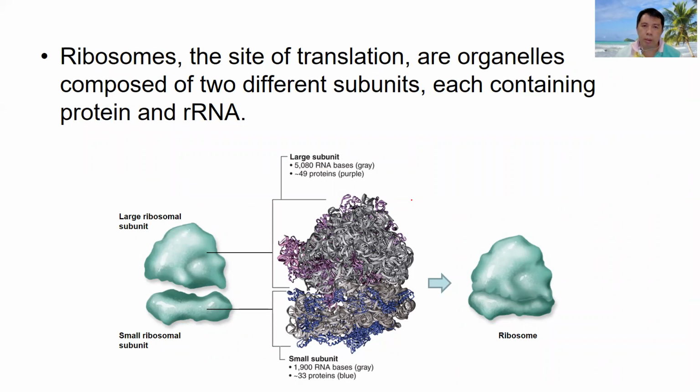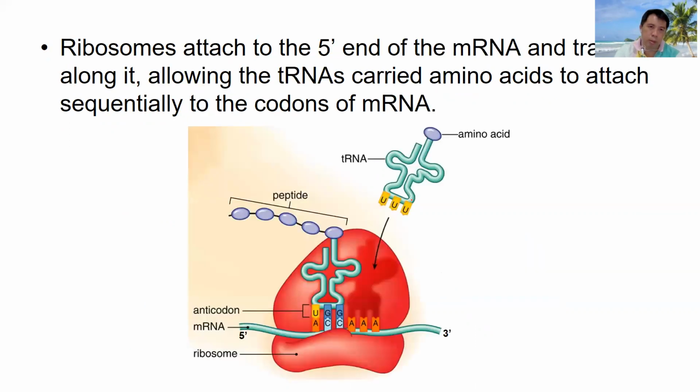The ribosome is the site of translation. Translation is the process of protein synthesis. Ribosomes are organelles composed of two different subunits, as we've mentioned, each containing protein and RNA.